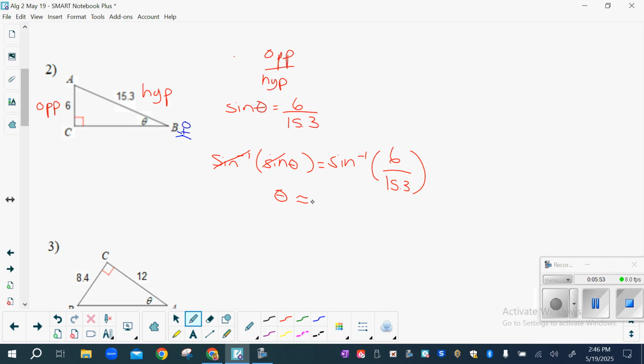Okay, rounded to the nearest tenth, what would the angle be?